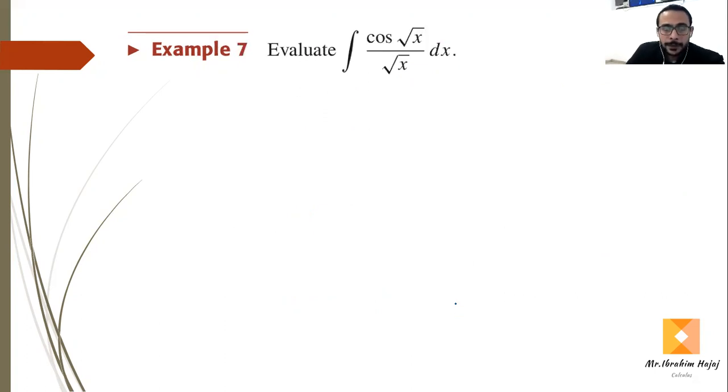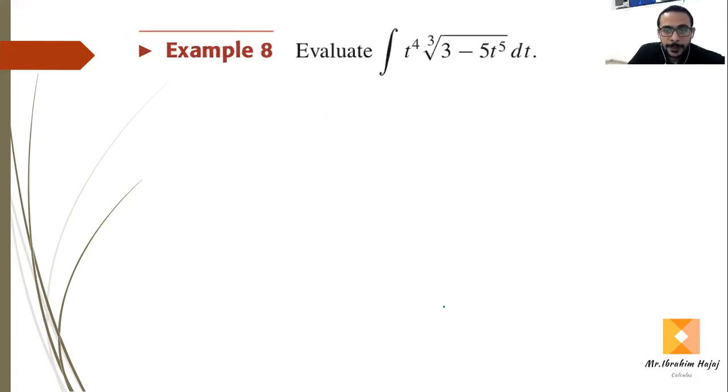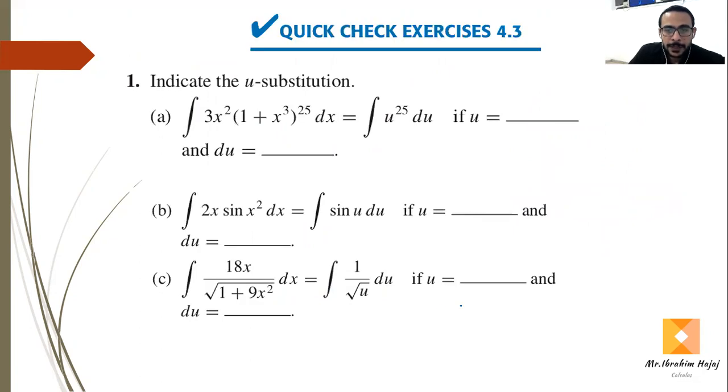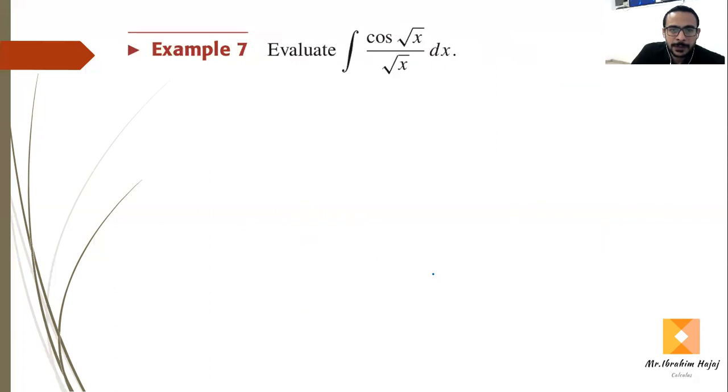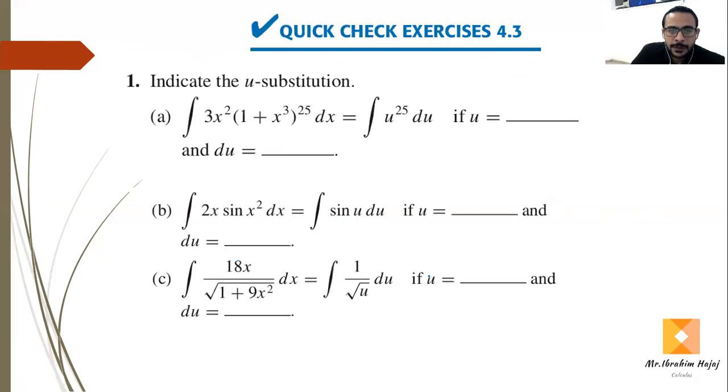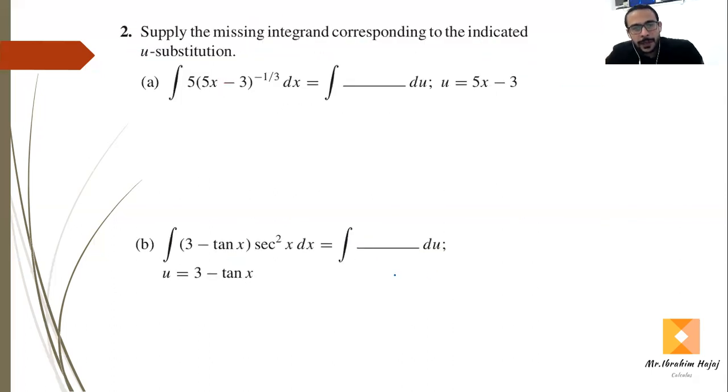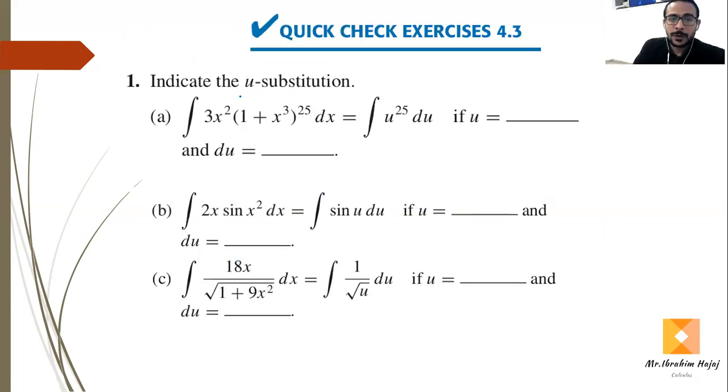Let's leave these questions right now and move on, guys. We stopped at example number 7, 8, 9. We still have 7, 8, 9 and 10. Let's move on to question number 1 here.